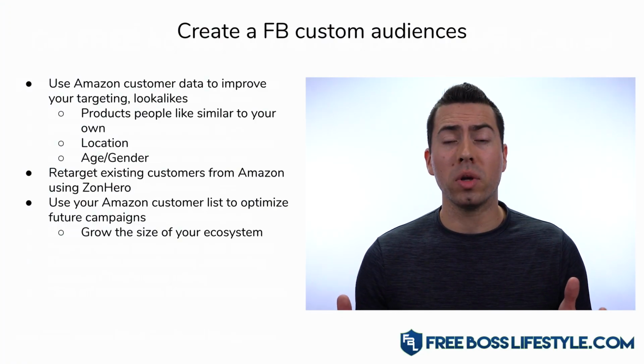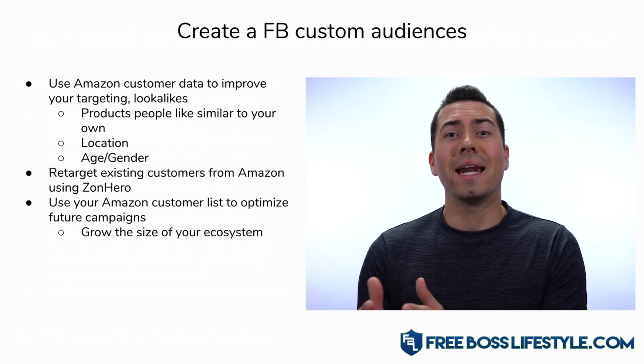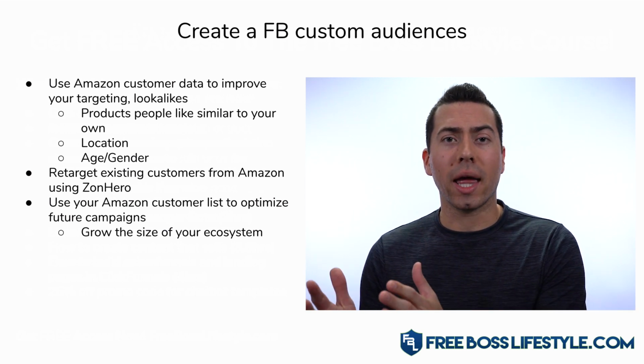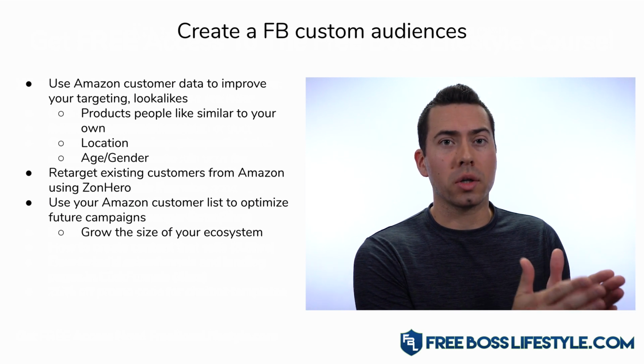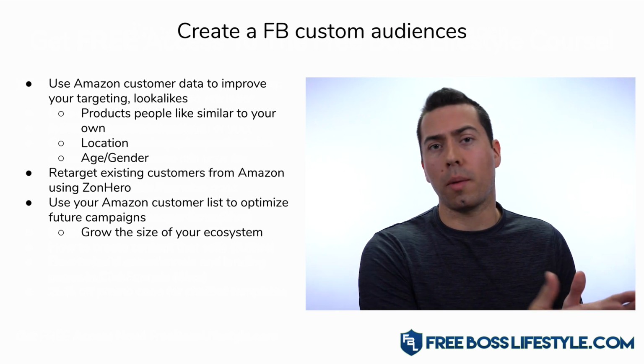Then when it comes time to creating lookalike audiences, you want to create the lookalikes off of bigger custom audiences that you have. So if you did an engaged with page over the last 90 days, let's say that is 10,000 people, you create a lookalike of that, and it's going to be more accurate of a lookalike versus a smaller custom audience that only had like 100 or a couple hundred people.